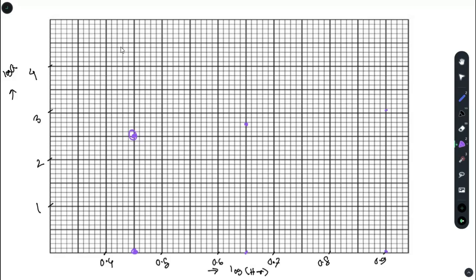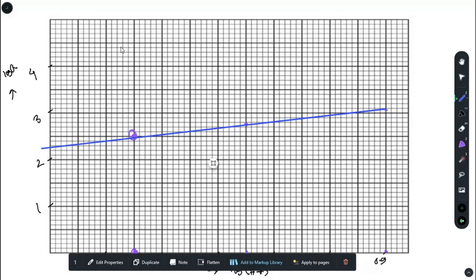So let's draw a straight line. You'll take all the points and draw a best fit curve, maybe. Let's say it will go like this, and it has been a bit up.